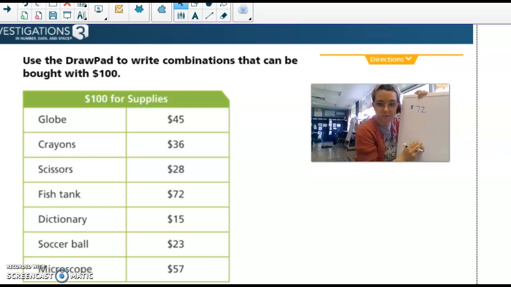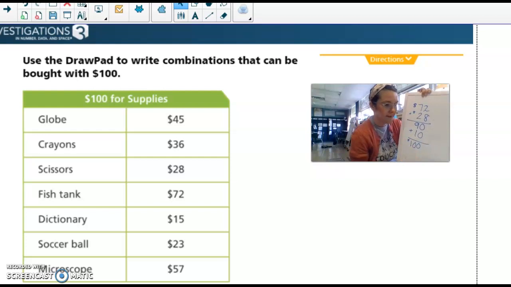We actually have a fish named Eleanor in my classroom, and I know Eleanor would really love that fish tank. And I also could get some scissors. The reason I know that this combination makes exactly 100 is that my 10s, 70 plus 20, make 90. 2 plus 10 makes a combination of 10, and we know 90 plus 10 equals $100.